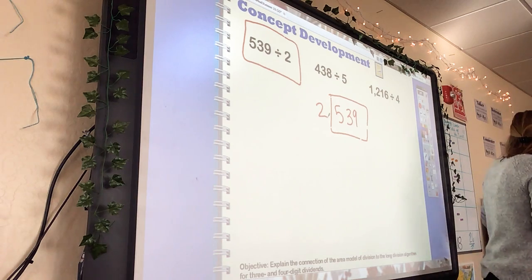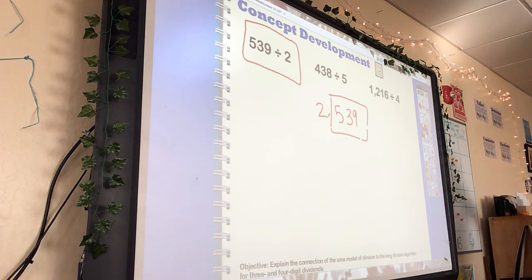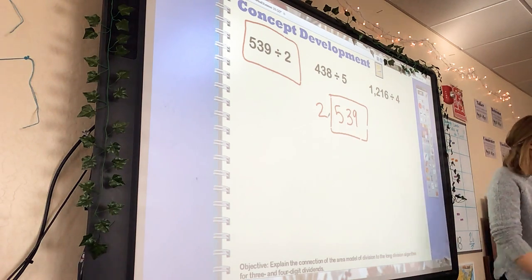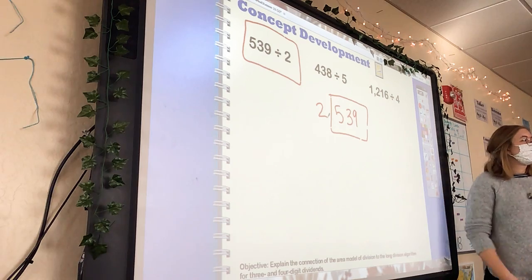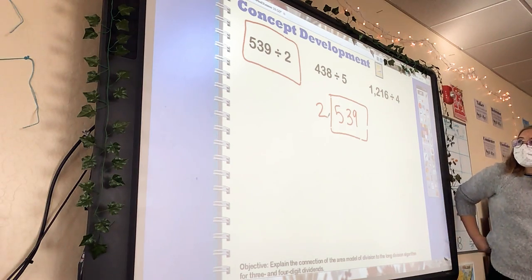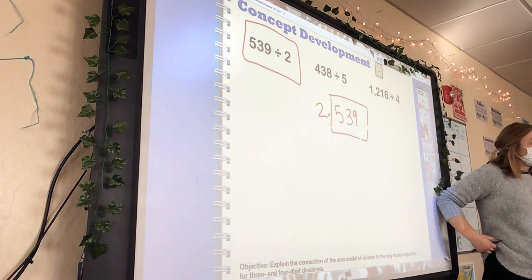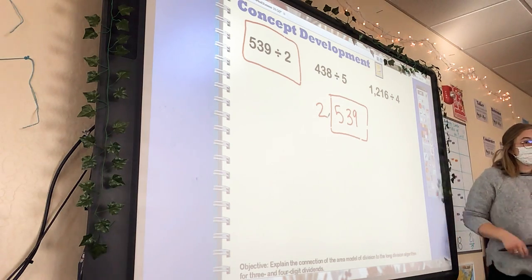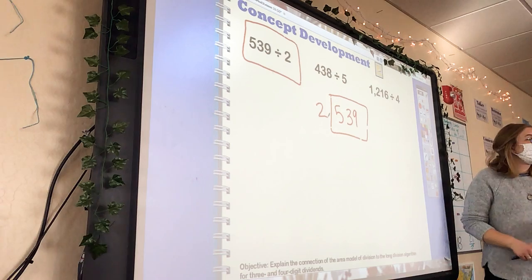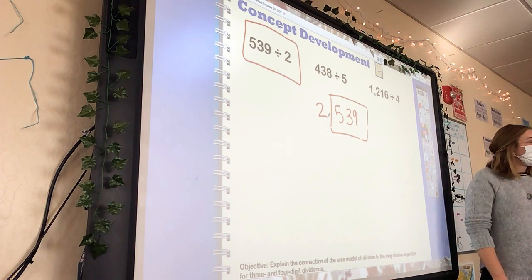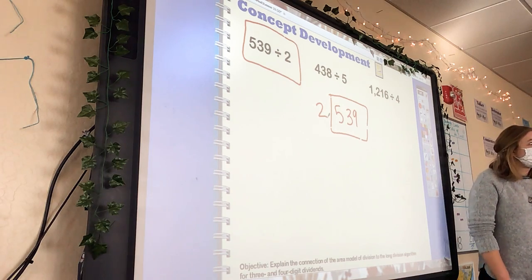Okay? I think it'll help to get some pencil paper action going. You guys can do it yourself to kind of feel it out. Does everybody have their area model set up?